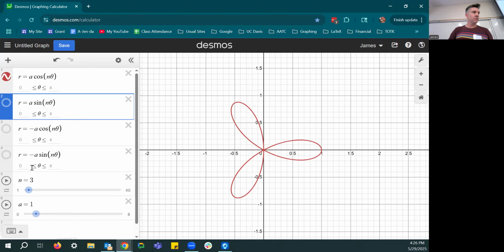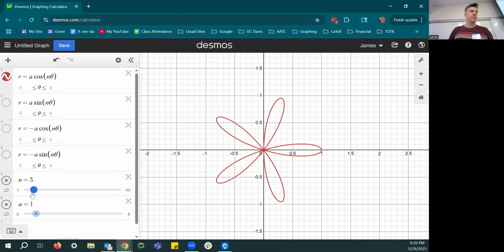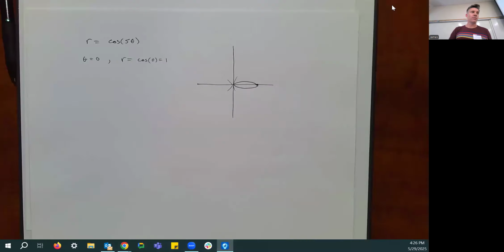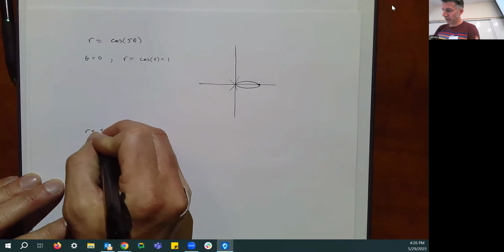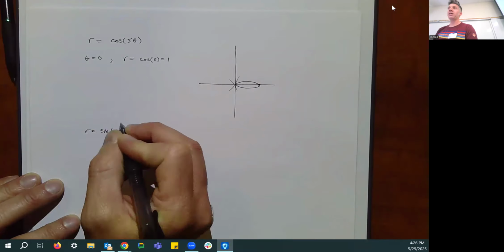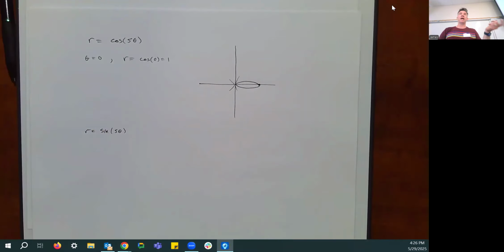There's cosine of 5 theta. Sine is usually more interesting though. If I was going to do r equal to sine of 5 theta, plugging in 0 isn't helpful because sine of 0 is just 0, and that doesn't tell you a direction you're pointing.